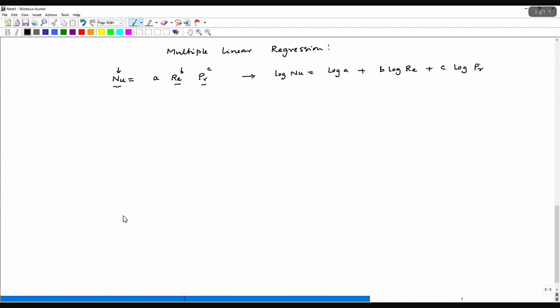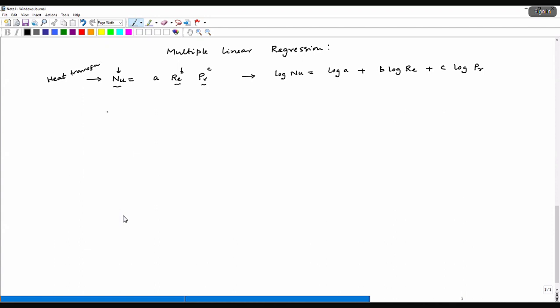If you take logarithm, log of A times B times C becomes log A plus log B plus log C. And then if you have log of Reynolds number to the power B, it should be B log Re. So this is just an example, to relate to a heat transfer application, of how the Nusselt number is a function of more than one variable.